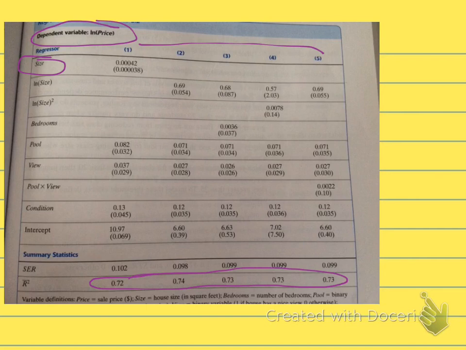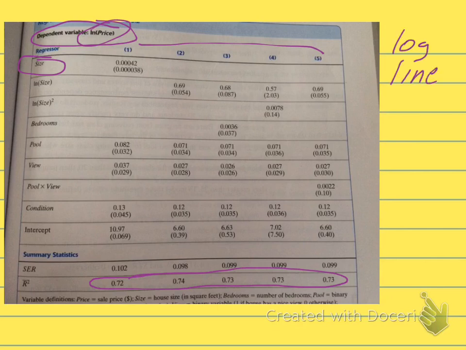The pool, number of bedrooms, and whether it has a view are going to be affecting the value of the house more at the margin, but mostly a 1,000 square foot house is completely different from a 2,000 square foot house, which is very different from a 3,000 square foot house. Size is the main driver of the price.